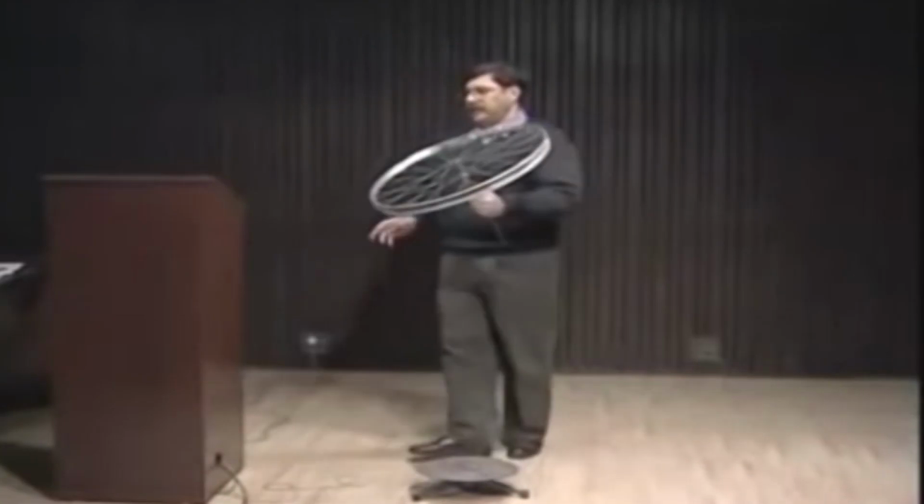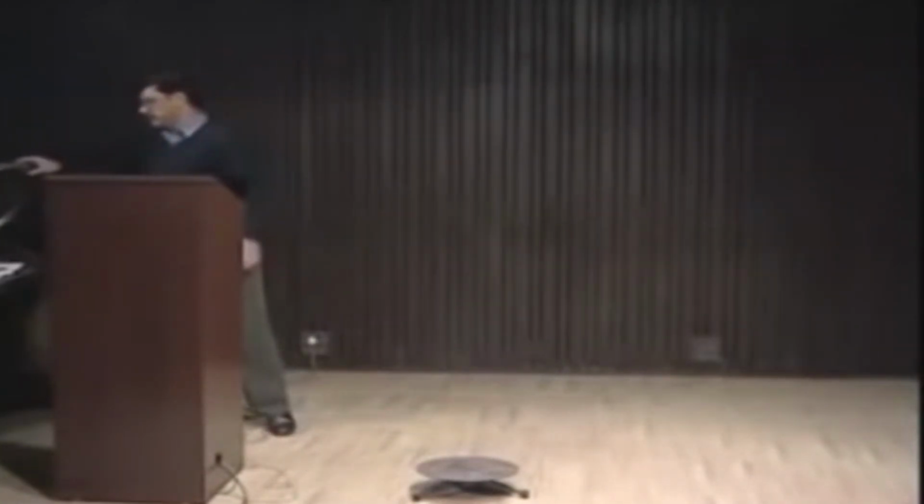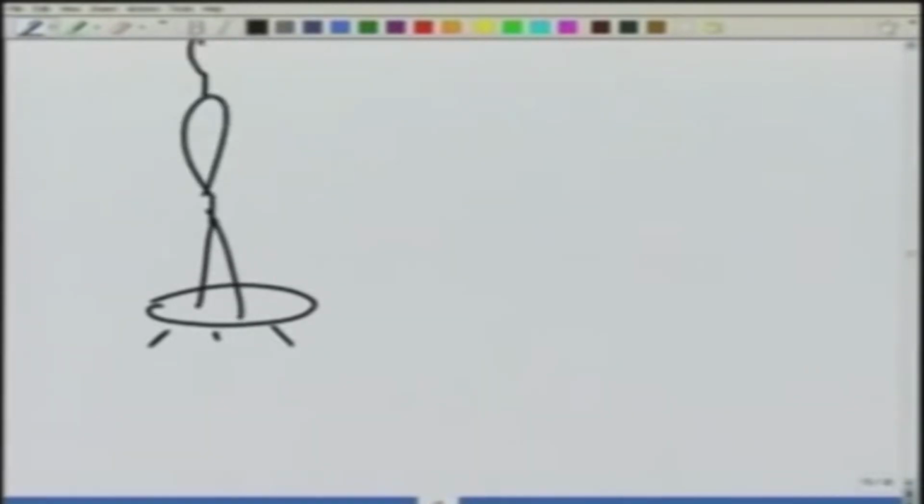As a third example of angular momentum conservation, and through this I also wish to show the vector nature of angular momentum, I take this wheel, stand on the platform, give it a rotation in one direction, and suddenly I'll turn the wheel the other way.